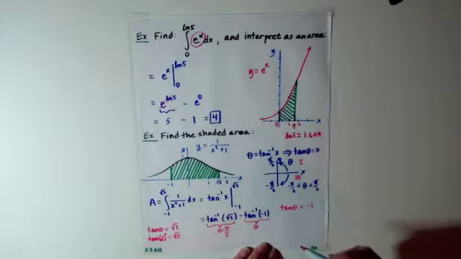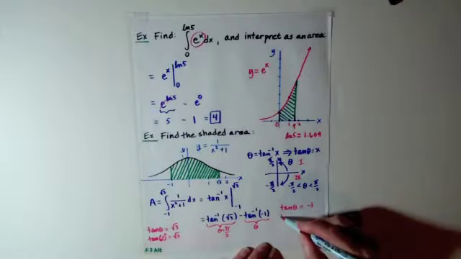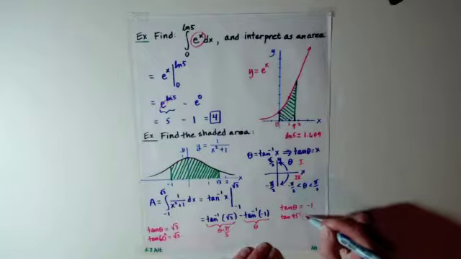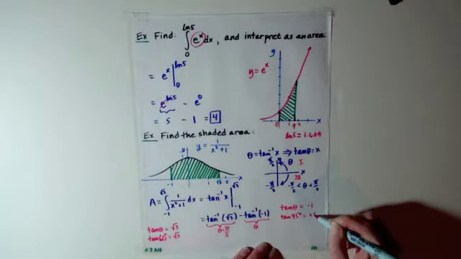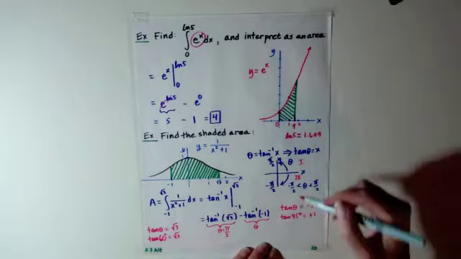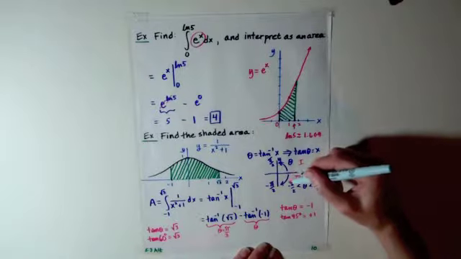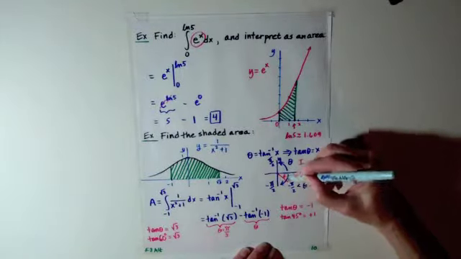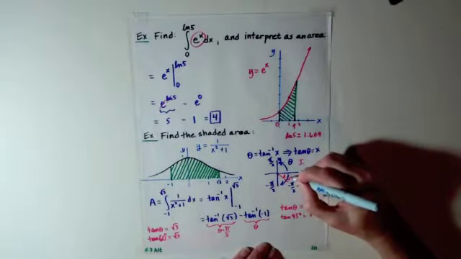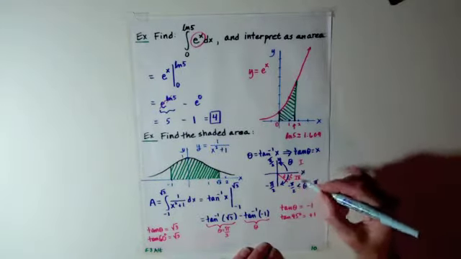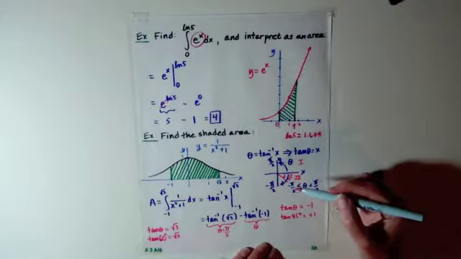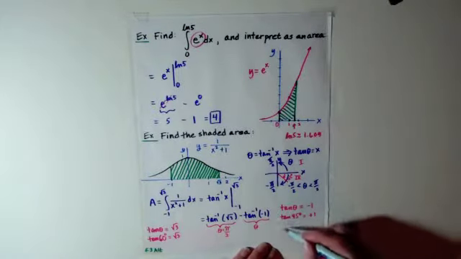I usually look for the reference angle first, and I remember that tangent of 45 degrees is equal to a positive 1. I want the same angle but down in the fourth quadrant. So I would want an angle that's down 45 degrees from the positive x-axis. What angle is that? That would be the angle minus pi over 4, minus 45 degrees.